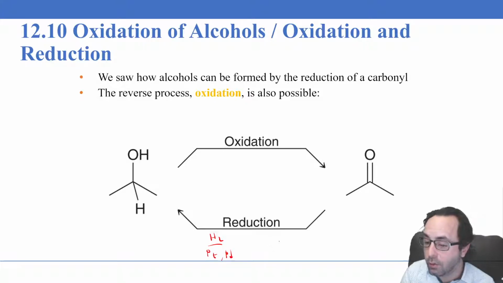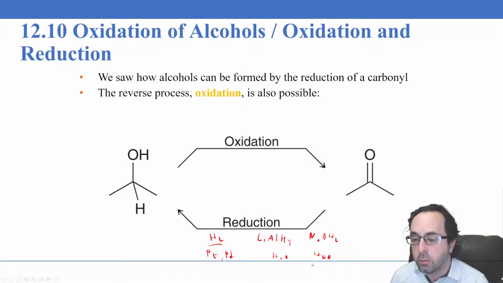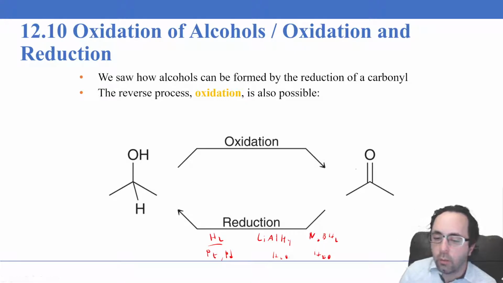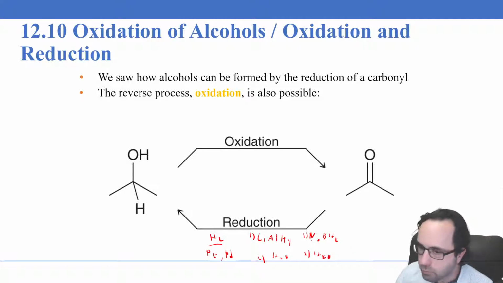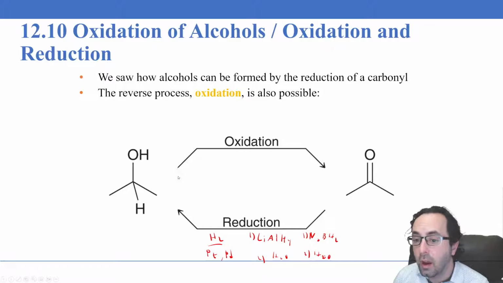If we wanted to use a milder reducing agent, we could use lithium aluminum hydride, LiAlH4, or sodium borohydride, followed by water, or some other protic source, something that can provide the protons. Next, we're going to talk about the opposite, so the oxidation of an alcohol to a carbonyl.